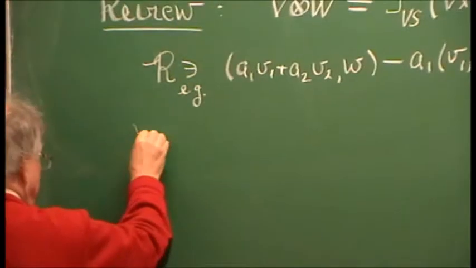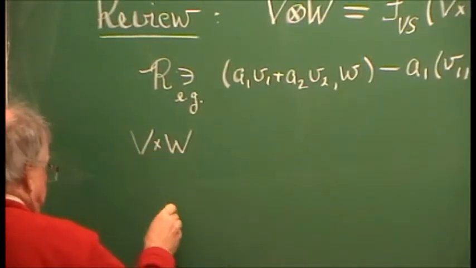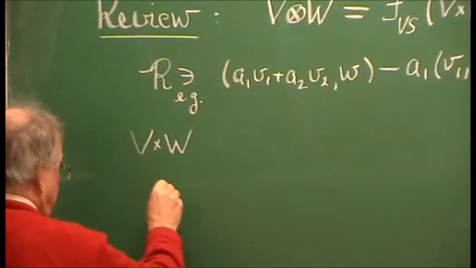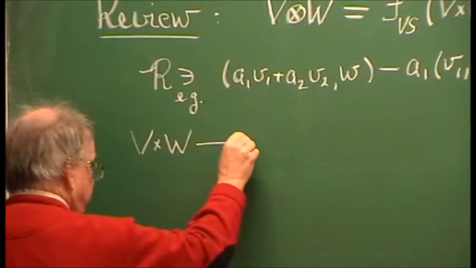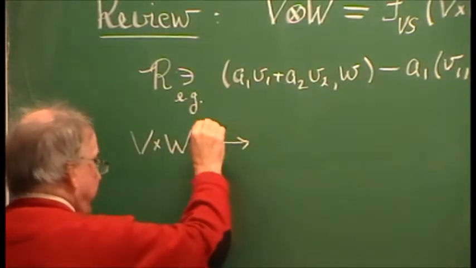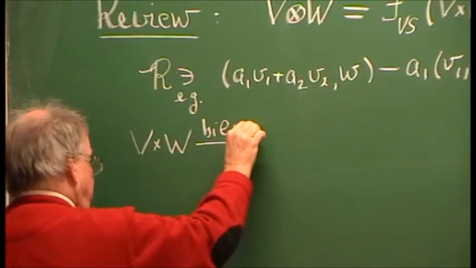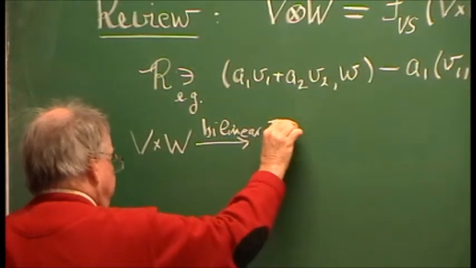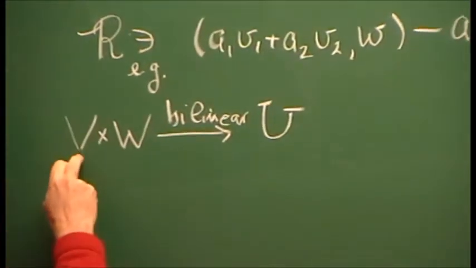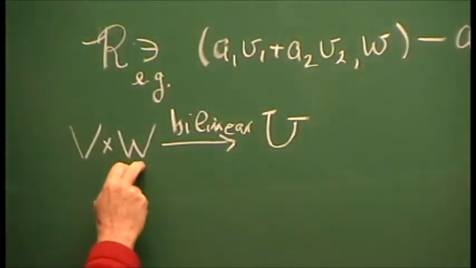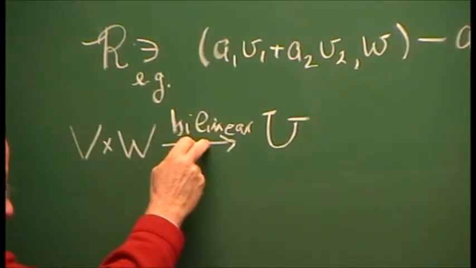So the notation, as you know, but let me just repeat the situation here. If you have a bilinear mapping to some other vector space, so that makes sense here. This is not a vector space, but it makes sense to say something is linear in the first factor, linear in the second factor, so it makes sense to say something's bilinear, right?